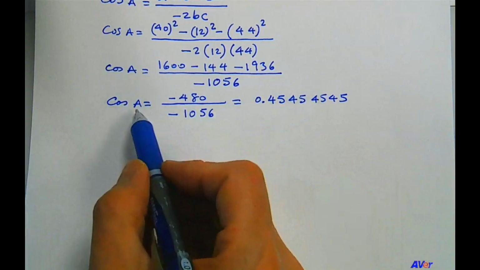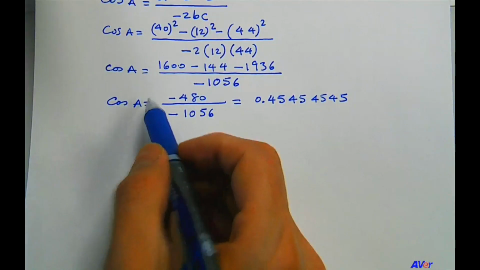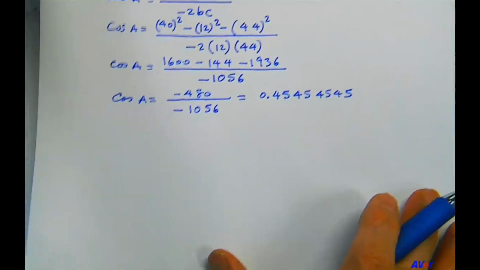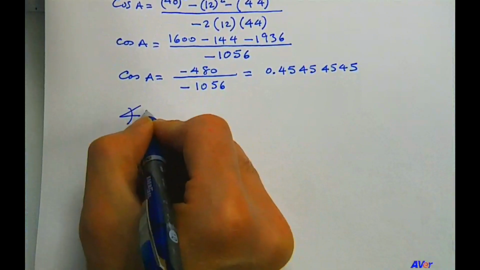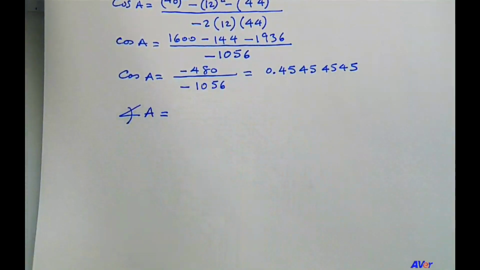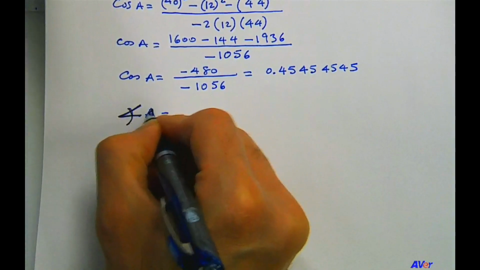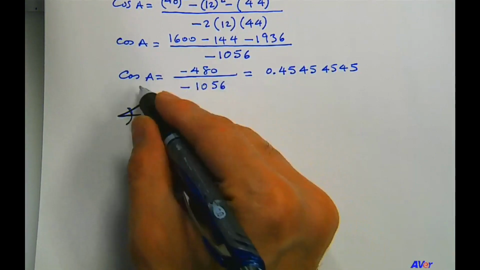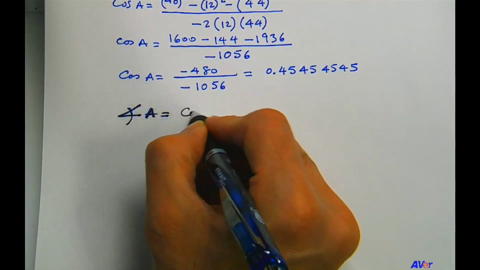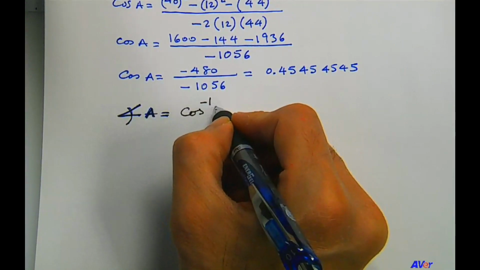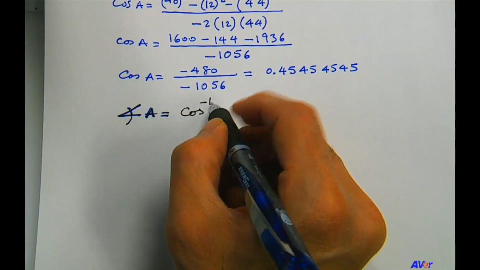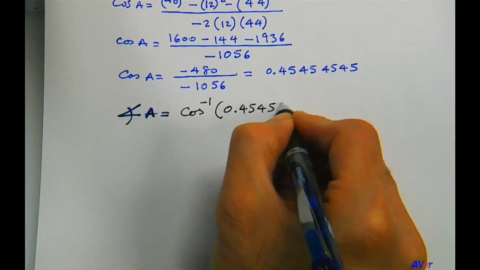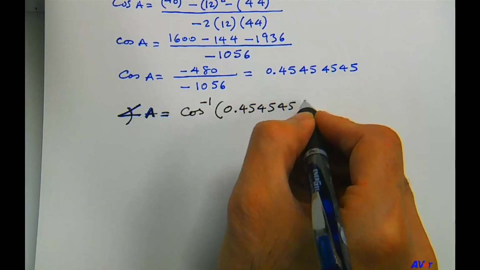But this isn't the angle A, right? This is cosine of A. So we need to find the angle A. Do you know how to find this? Inverse cosine, right? So angle A is equal to the inverse cosine of this quantity, 0.454545, and so on.